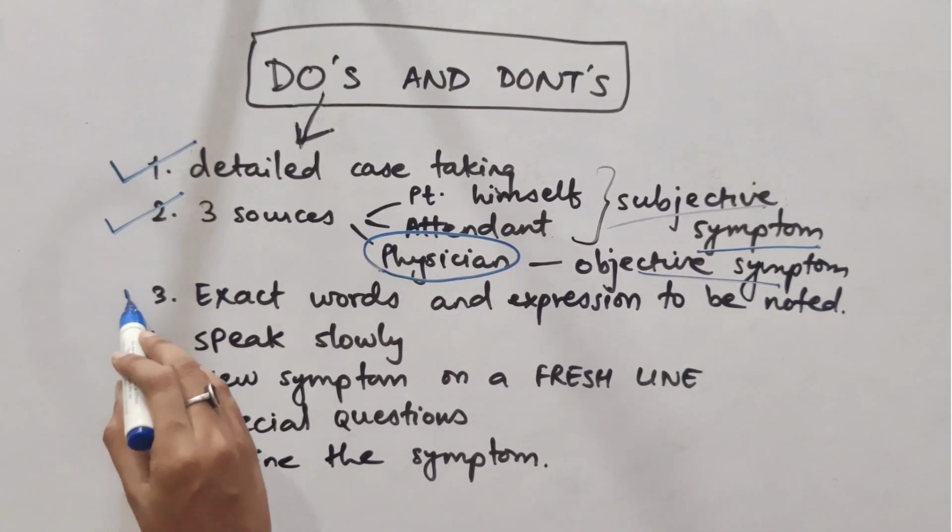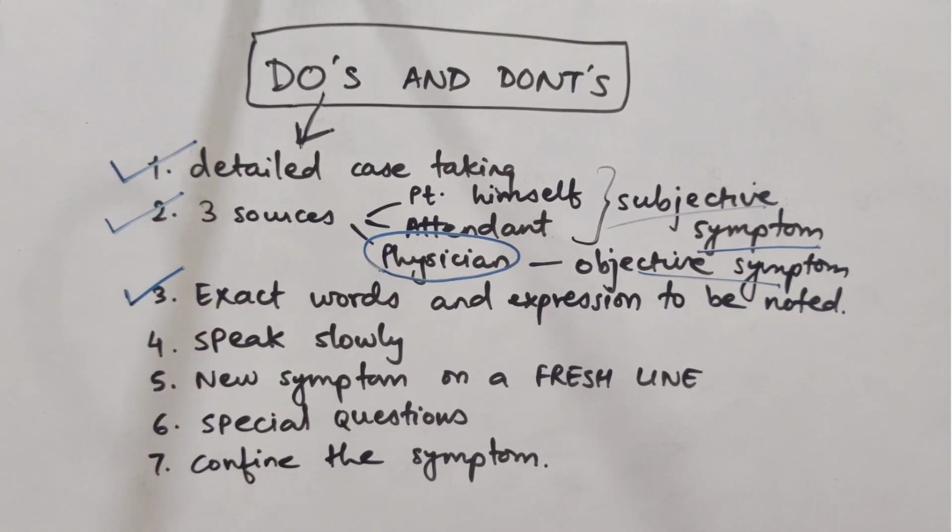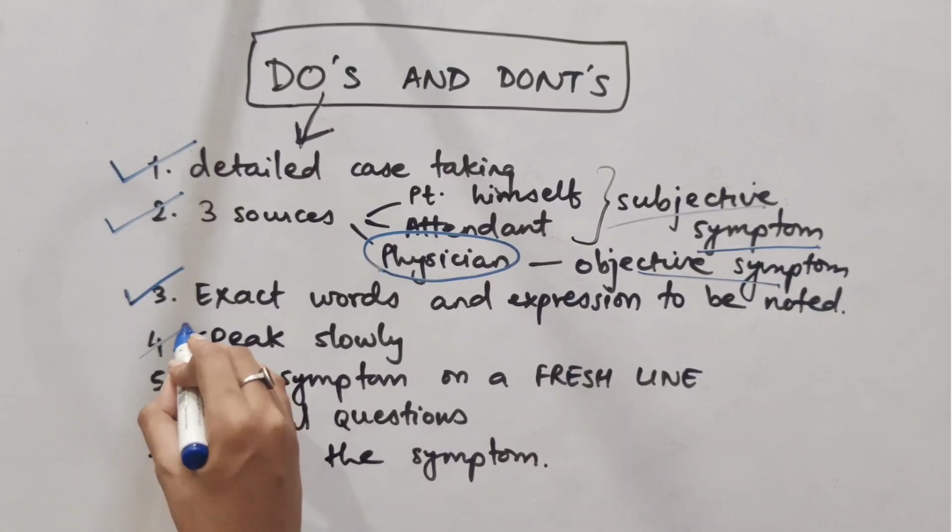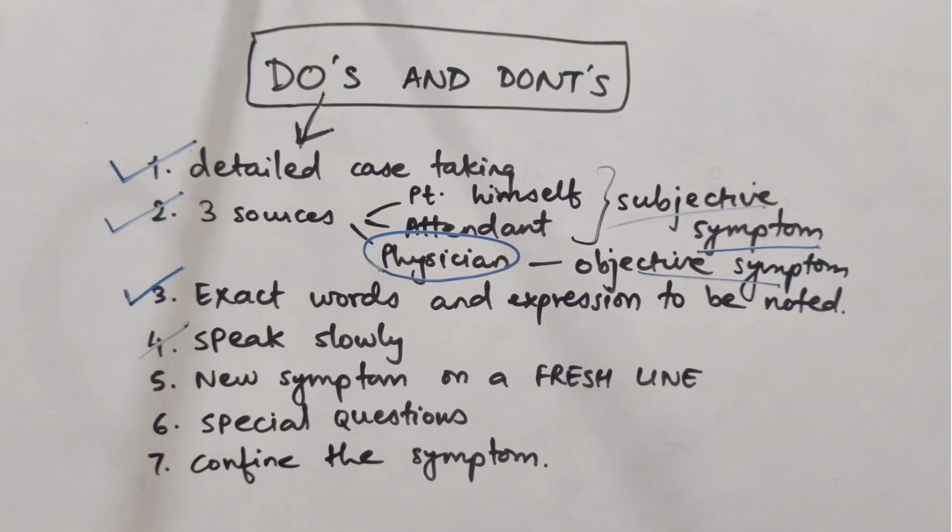Third is exact expression and words used by the patient should be written down accurately. At the beginning, the physician advises them to speak slowly. The physician should begin every new symptom on a fresh line. Special questions are to be asked only when the physician feels that the peculiar and uncommon symptom of the case has not yet come out in case taking.